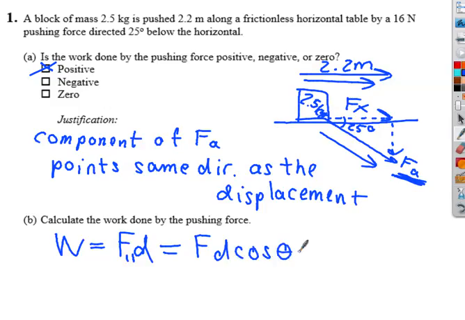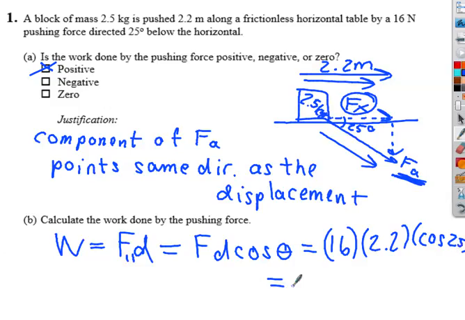The F_x is parallel with the displacement, which would be the cosine with the hypotenuse, the adjacent component, and therefore would equal, let's get these numbers out here, 16 times 2.2 times the cosine of 25.